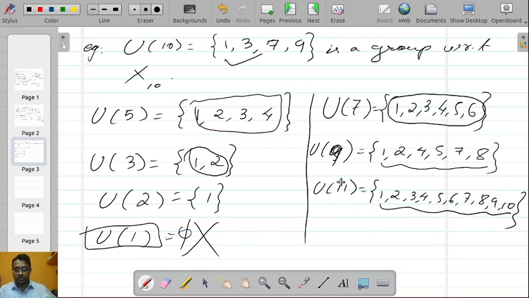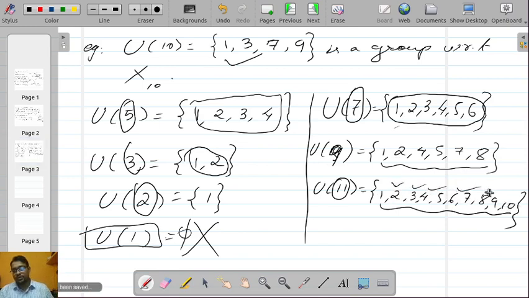If you observe nicely, these numbers are actually prime numbers: 5, 3, 2, 7, 11. A prime number has exactly two positive divisors, that is 1 and itself. So it is not divisible by any other number. That is why every other number from 1 to n minus 1 will always be relatively prime to a prime number.